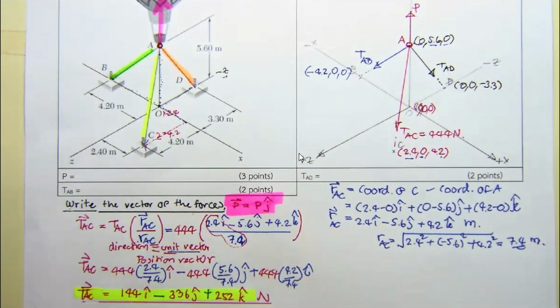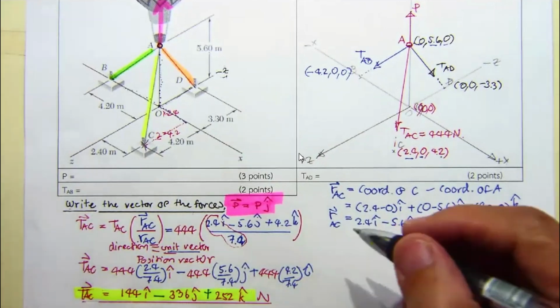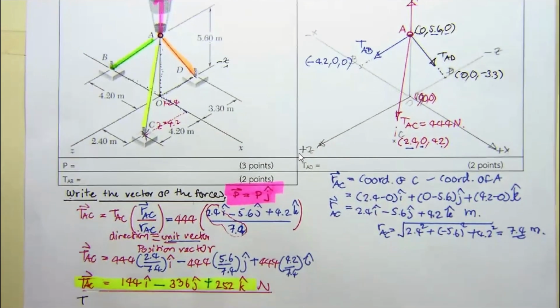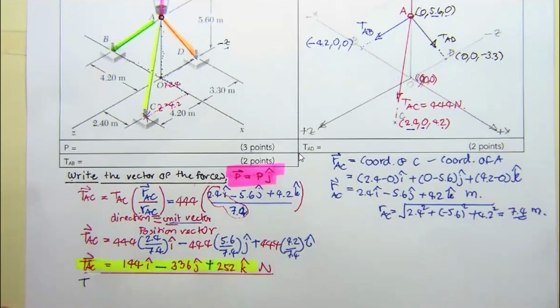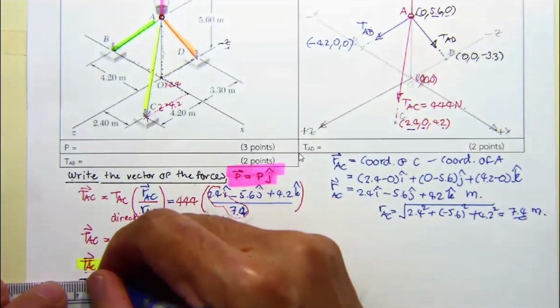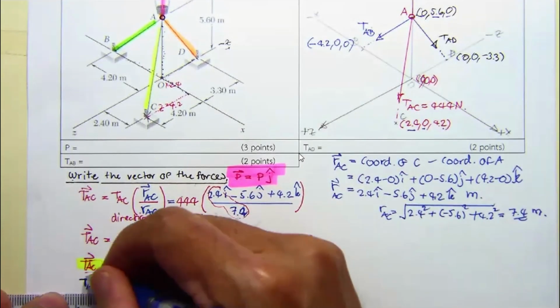That is the yellow. Now we move to the green. Okay, we move to the green. For the green, we have T sub AB. This is going to be T sub AB.